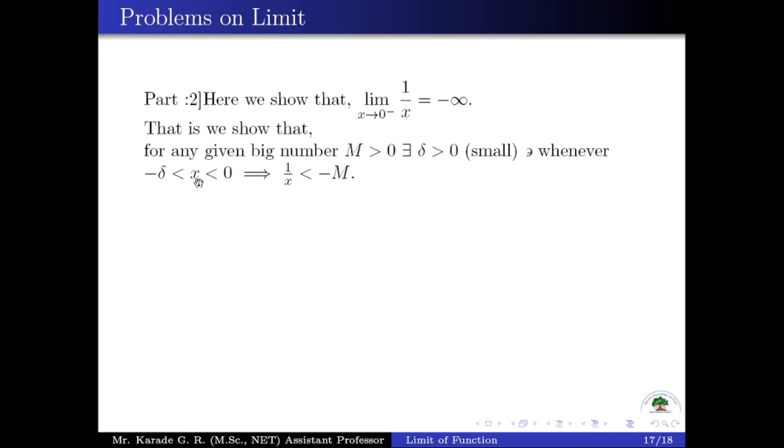That means whenever x approaches 0 from the left hand side of 0, the values of 1 upon x must be less than minus m, meaning the values of 1 upon x become smaller and smaller.